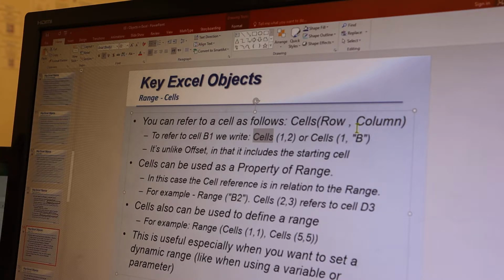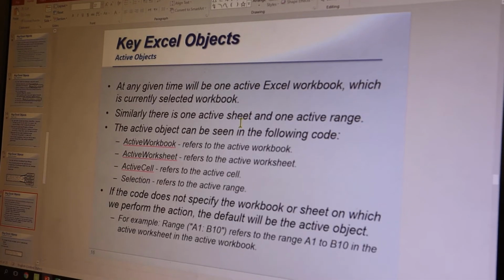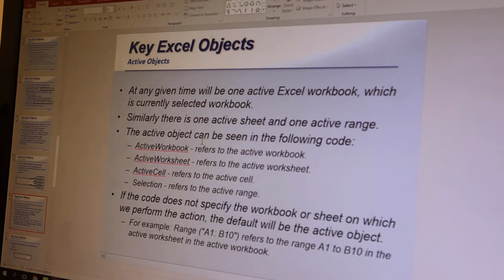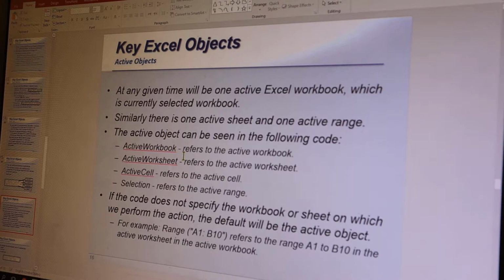Instead of starting to count A, B, C, D up to the F, you can just write cells 1, AF and you get cell AF1. So: active cell, active workbook, active worksheet. Usually the default is to go to the active.